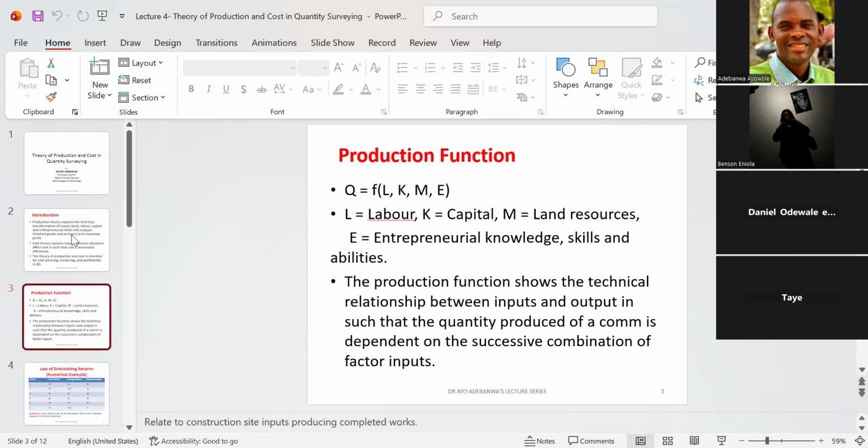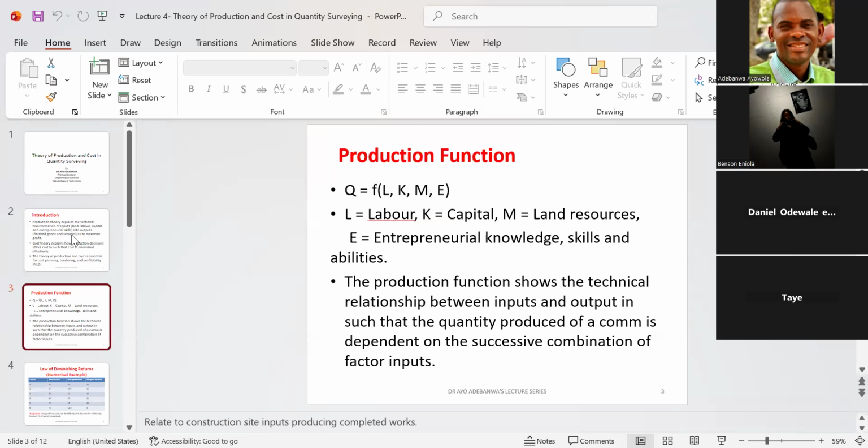Now, what does that mean? We are saying that if you look at Q from that equation on that slide, you will see that Q is the dependent variable, while L, K, M, and E are the independent variables.